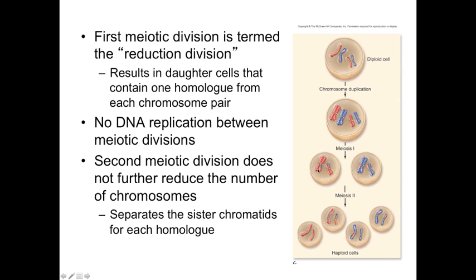They have one big chromosome and one smaller chromosome, one big one and one smaller one. The second meiotic division doesn't further reduce the chromosome number because, after all, each of these is a replicated chromosome. There are no more homologous pairs after meiosis 1 is complete.